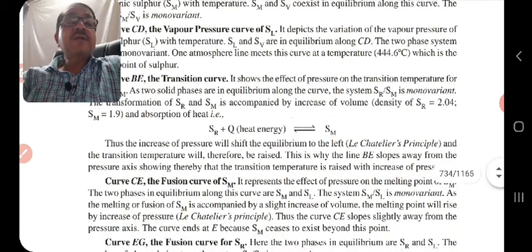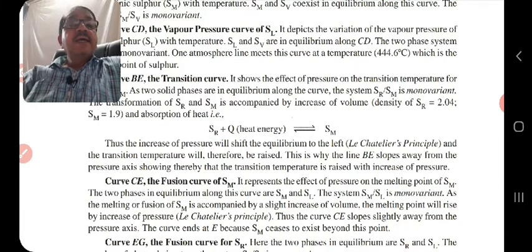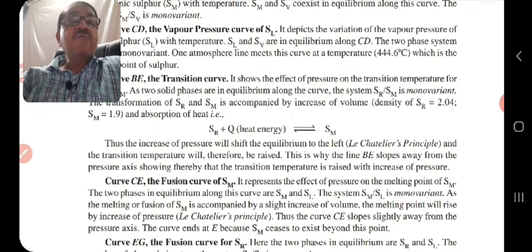Showing thereby the transition temperature is raised with increase of pressure. Now another curve CE, the fusion curve of SM. It represents the effect of pressure on the melting point of monoclinic sulfur. The two phases in equilibrium along this curve are SM and SL.